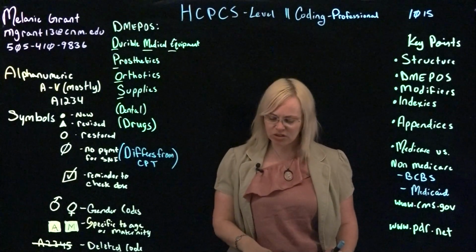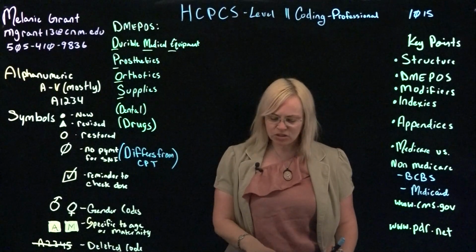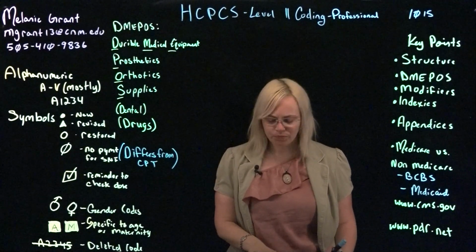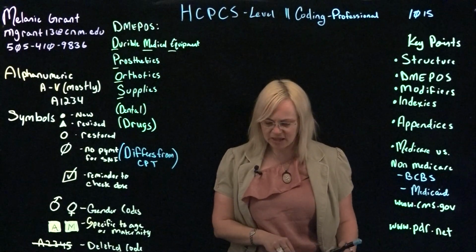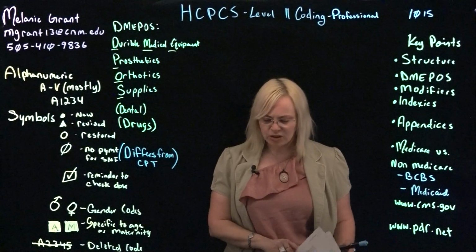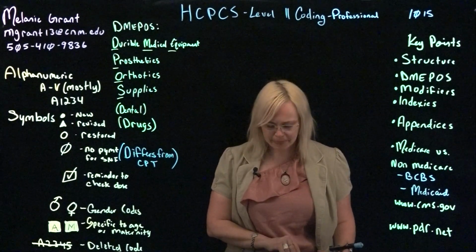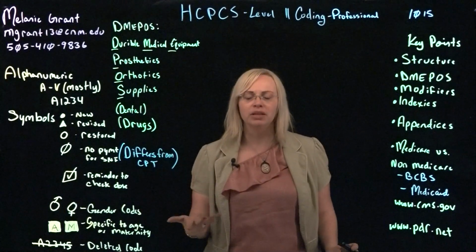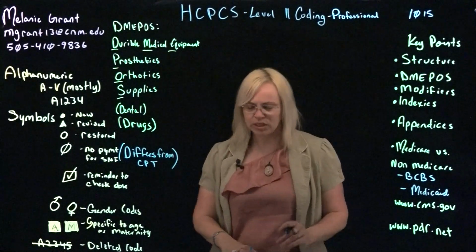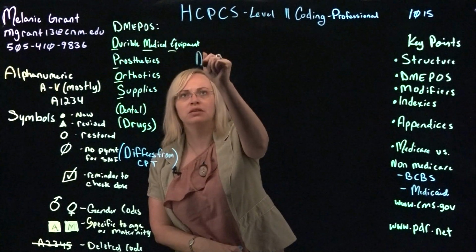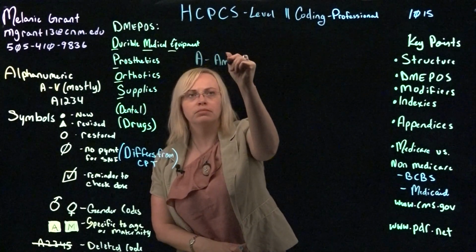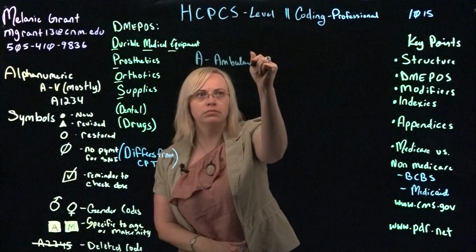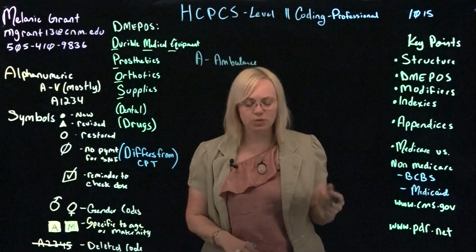So if we look at, starting with the A services, this is your services for transportation, including ambulance, from A0000s to A0900s. Okay, so when we say transportation, you think A is for ambulance. So you have all of your ambulatory or ambulance services, as well as other transportation.